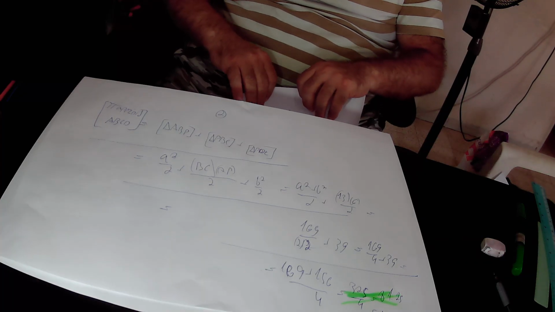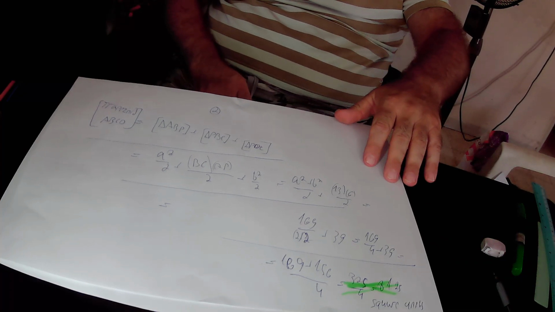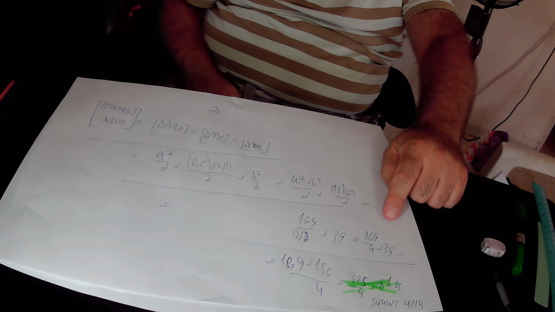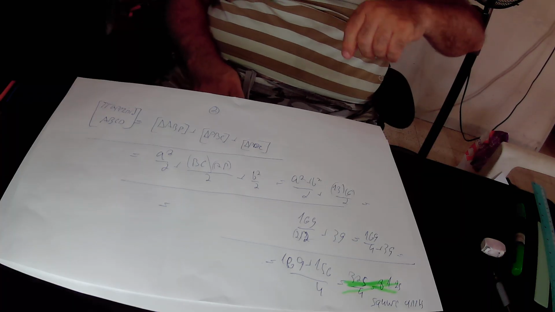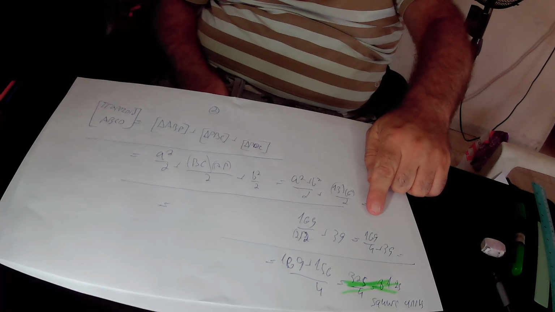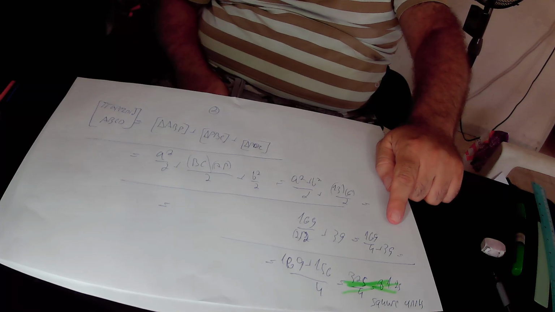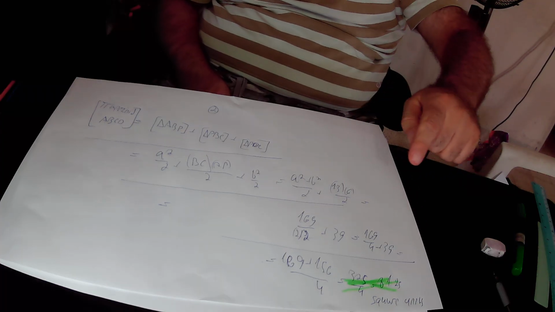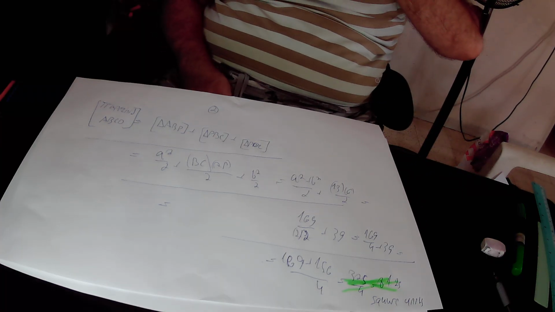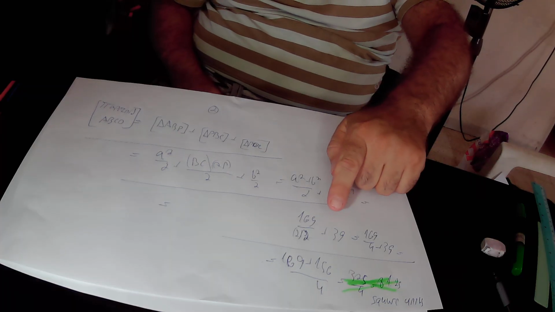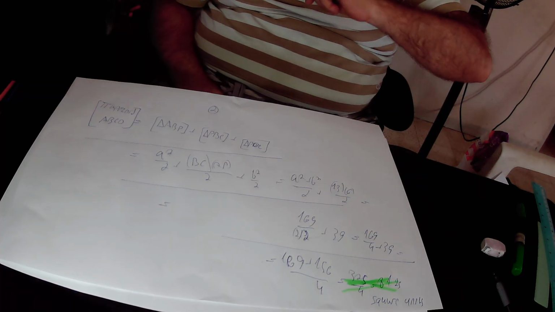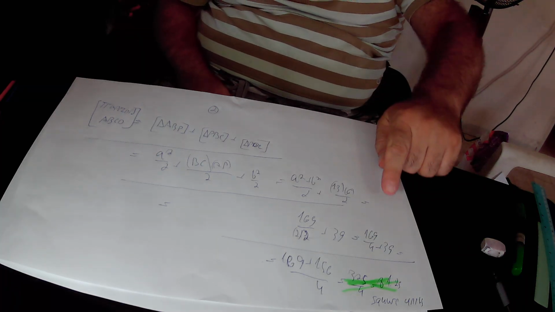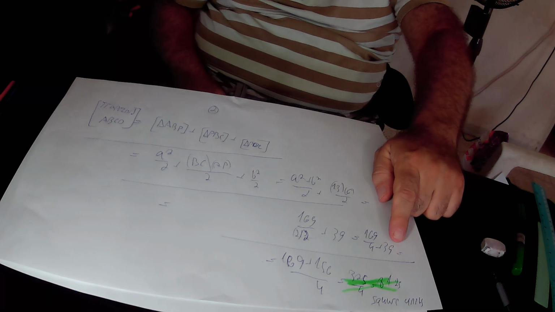Here we multiplied 39 by 4 and then we divided by 4 in order to have a common denominator. And finally in the numerator we have 169 plus 4 times 39, which is 156, divided by 4. And 169 plus 156 is 325 divided by 4. 325 over 4 is 81.25 square units.